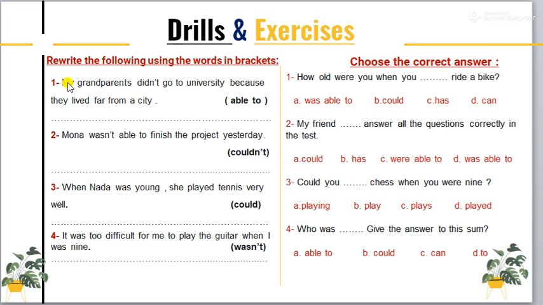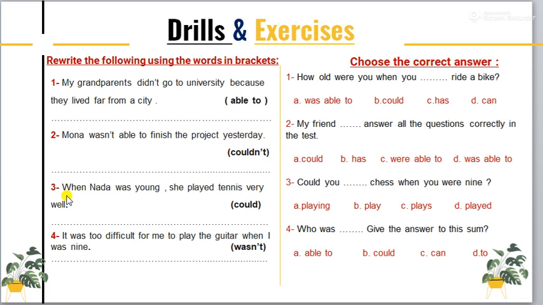The first question, rewrite the following using the words in brackets. Number 1, my grandparents didn't go to university, because they lived far from a city. Use able to. Number 2, Mona wasn't able to finish the project yesterday. Use couldn't.